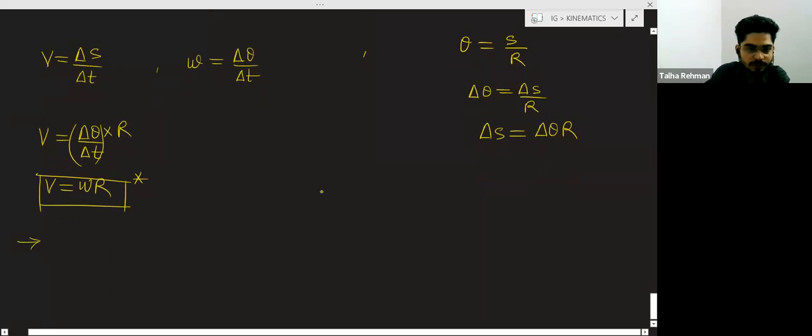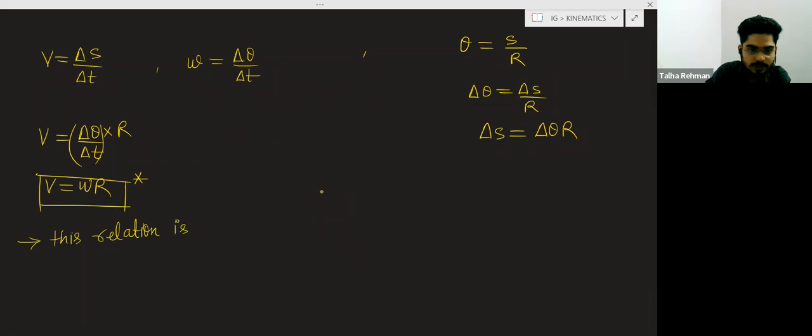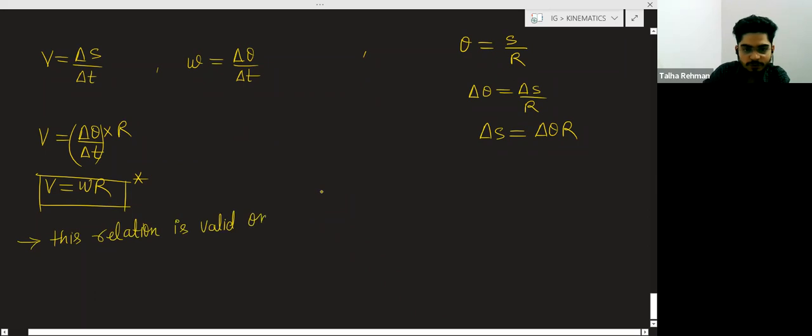And note, this relation is valid only for circular motion.